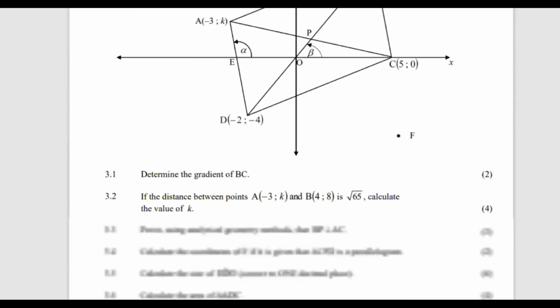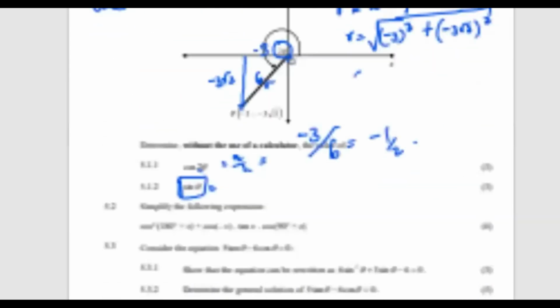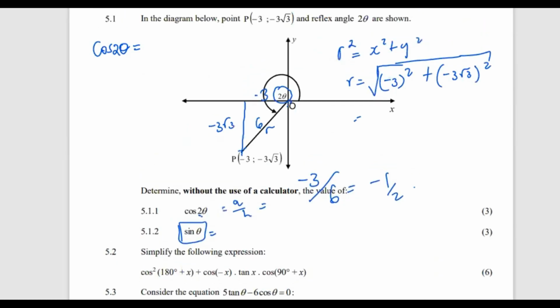So that's going to be 1 minus 2 sine squared theta. And let's try to make sine theta the subject. So it's going to be 2 sine squared theta is equal to 1 minus cos 2 theta. Then we can divide both sides and take square roots.